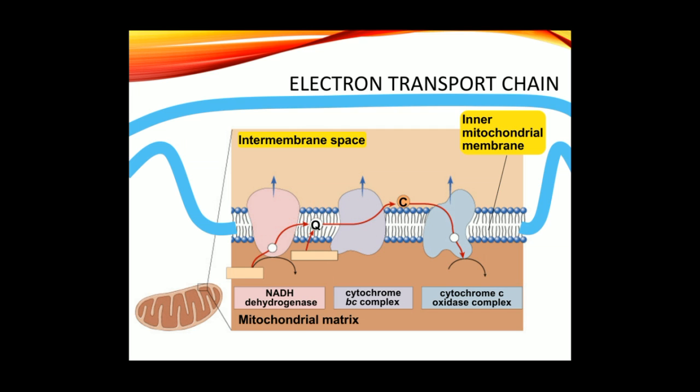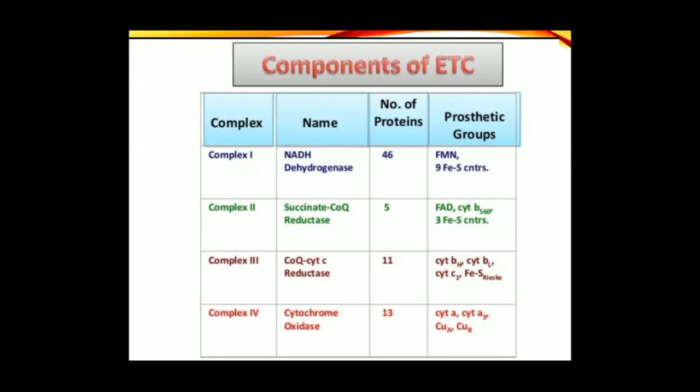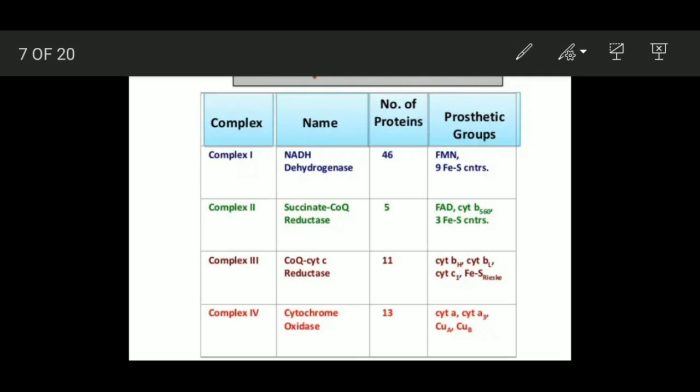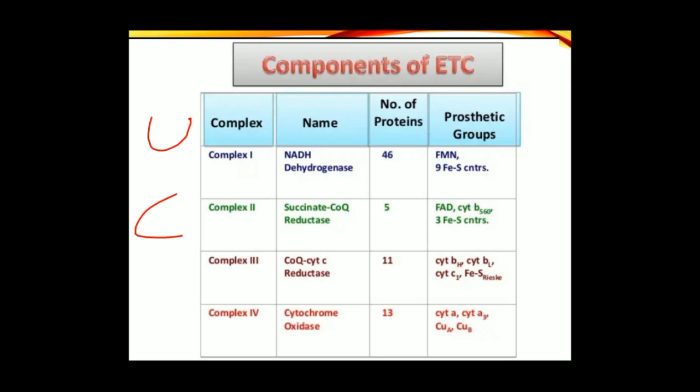Now let's see the components of the ETC in detail. There are usually 4 structural complexes formed by electron carriers, that are ubiquinone and cytochrome. Cytochromes are nothing but intrinsic proteins containing copper and iron, which are usually electron acceptors.